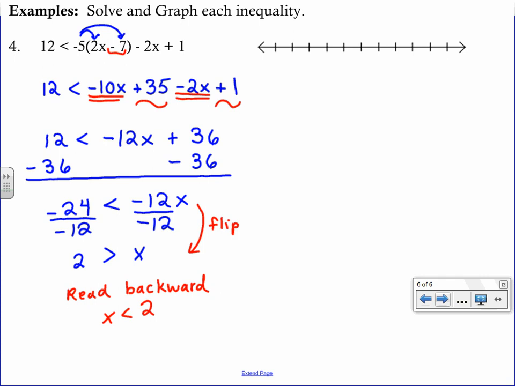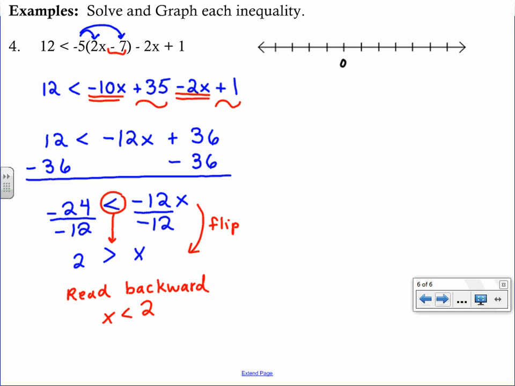Now you may think that that undoes the flip that we did when we divided by the negative number, but it doesn't. I changed this less than symbol to a greater than symbol when we divided by the negative. But because the variable is on the right-hand side of the inequality and we want it on the left, we simply read it backward. So now that it's in the correct format, we can go ahead and graph.